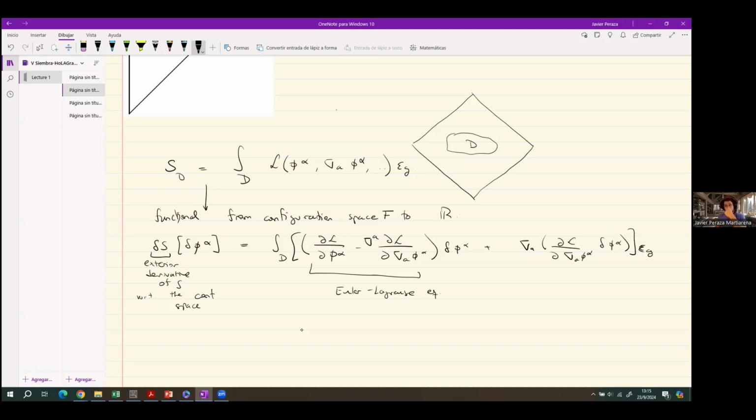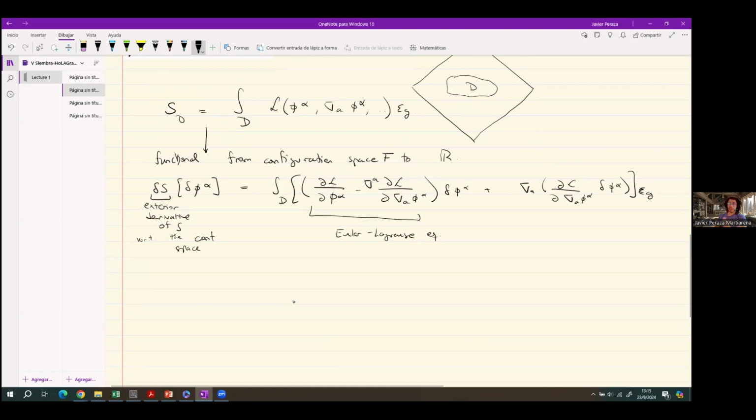But we have to be really careful when we are talking about Euler-Lagrange equations and variations when we are compactifying spaces, because what are the conditions that we have to impose to obtain the Euler-Lagrange equations? Well, first of all, we have to say something about the variations and the boundary, because as you see here, we have a boundary term. This nabla corresponds to a divergence of this object within the brackets.